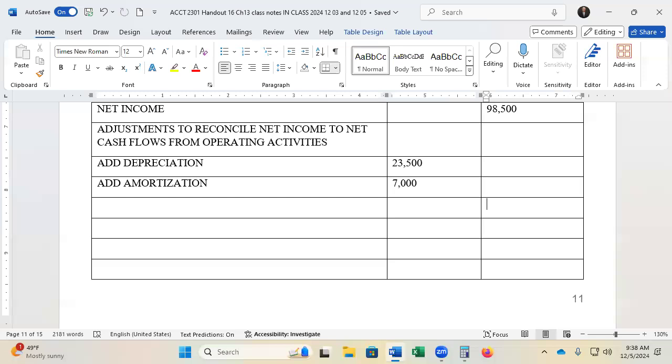And then we have to look at removing any gains or losses. We have to look over the statement and see if there are changes related to sales of investments or sales of property, plant, and equipment. So let's see what we can figure out. What are the changes in the property, plant, and equipment account?